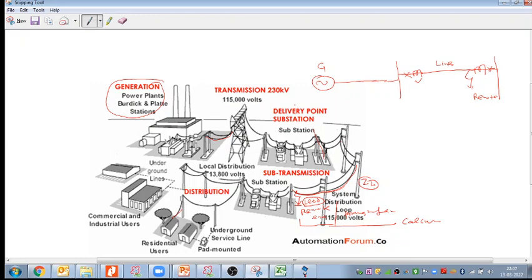Generator. Obviously, a generator is my source. The generator is the source of fault current, right? Because when we go away from the generator, the fault current value will always be lower, because we are adding the line. So the source of fault current is the generator only.